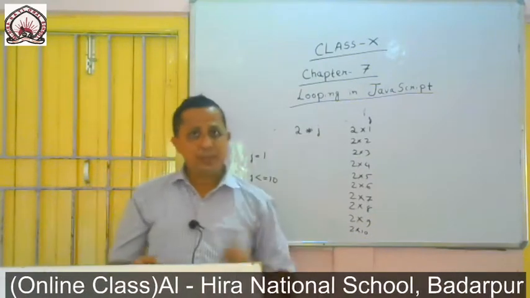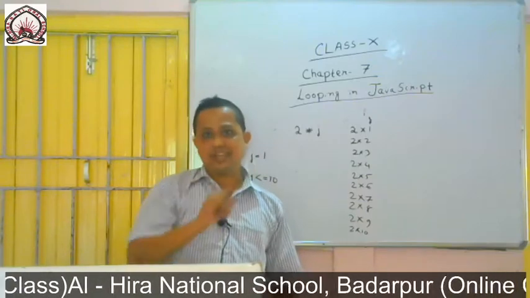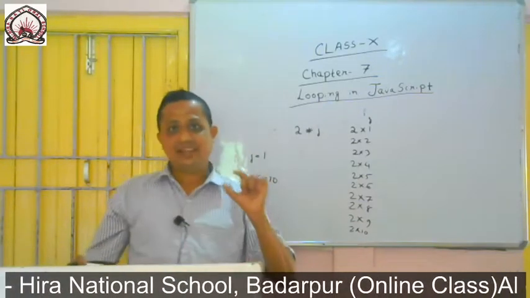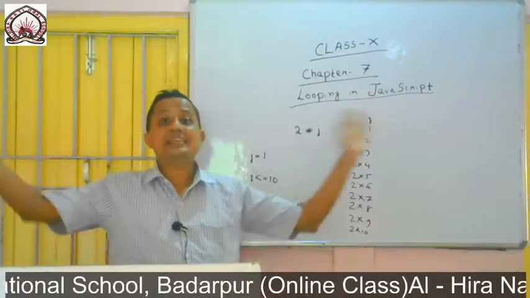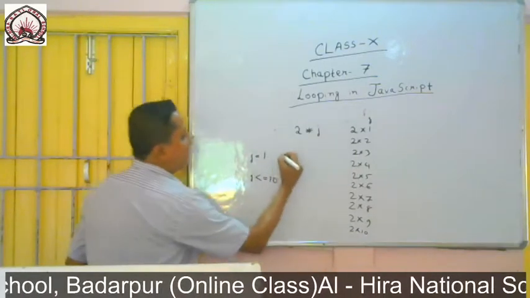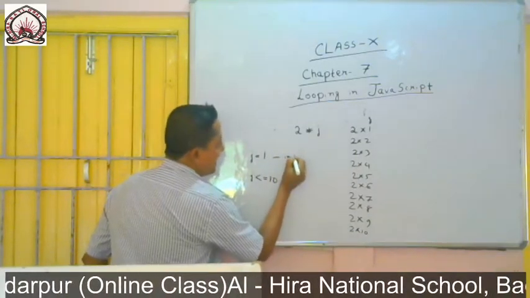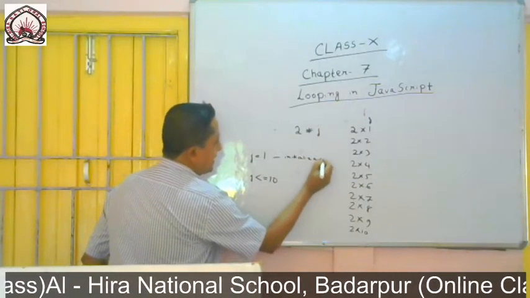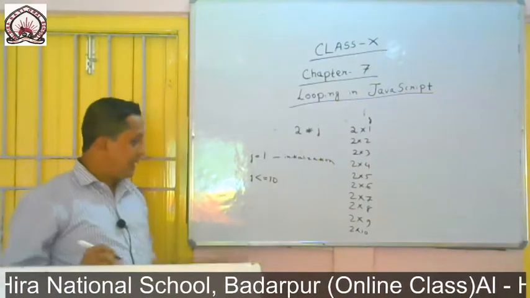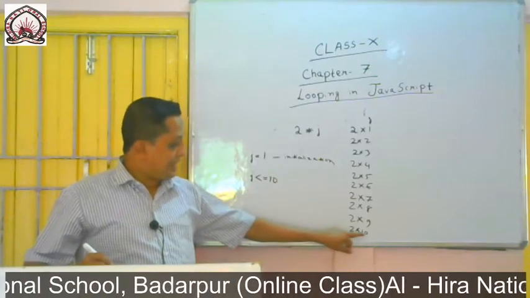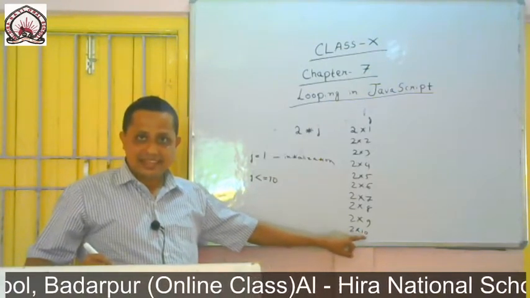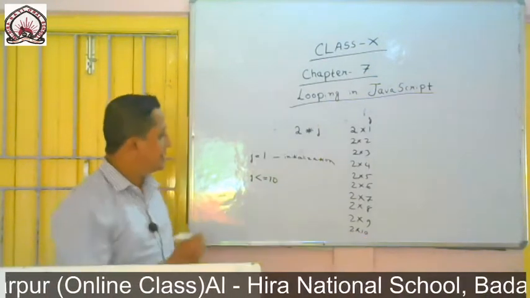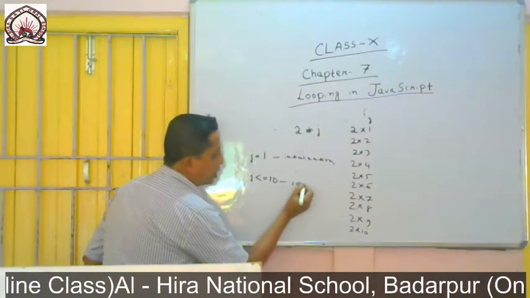So our looping consists of three statements. Initialization: where does it start? This is initialization. Then j is less than or equal to 10. This is my condition.